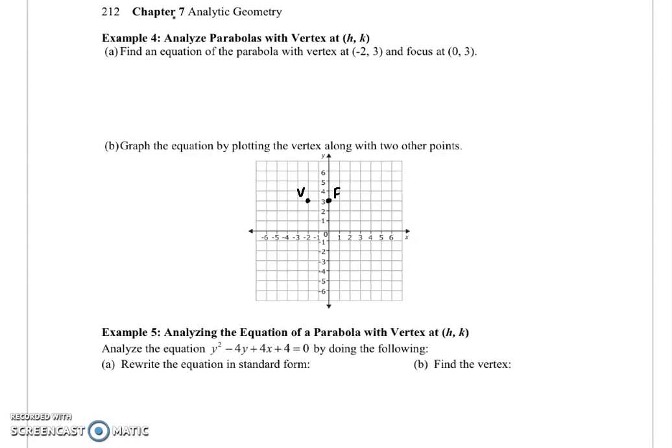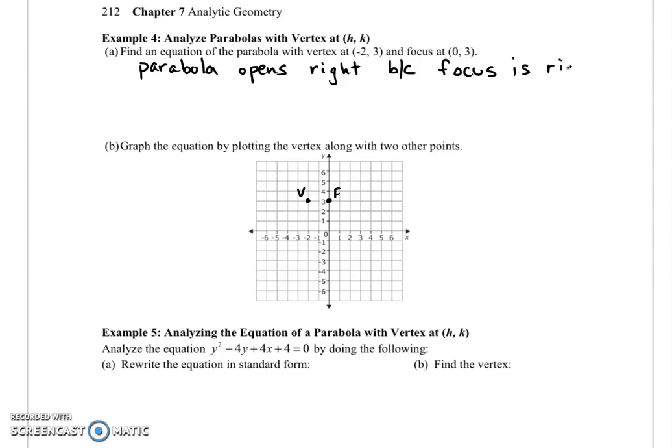So we know that the parabola opens right, and that's because the focus is right of the vertex.